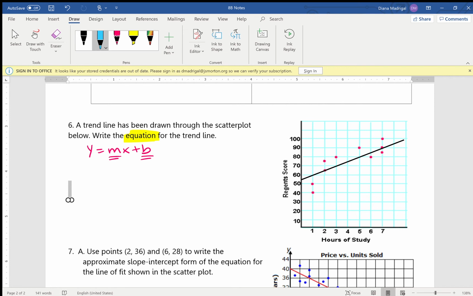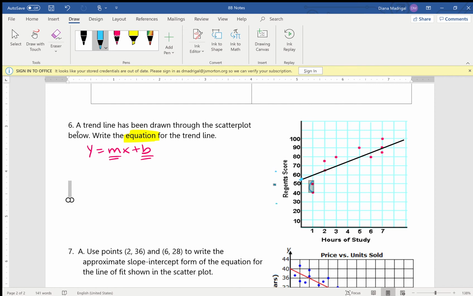You always want to start with the initial point. As you can see, the line starts right here, and I'm going to give this my coordinate point because I need my slope in order to write my equation.